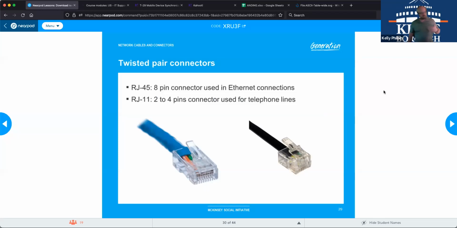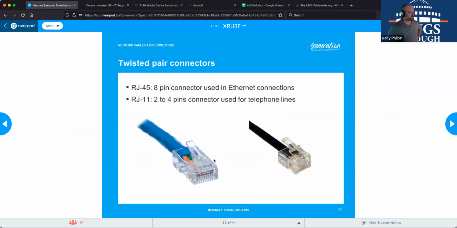On twisted pair cabling, we have two different types of connectors that we went over earlier. We have the old school POTS connector, which has 2 to 4 pins. It is called the RJ11, the squarish looking connector.